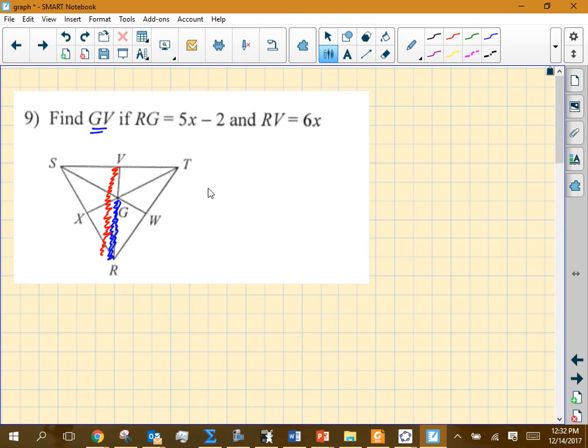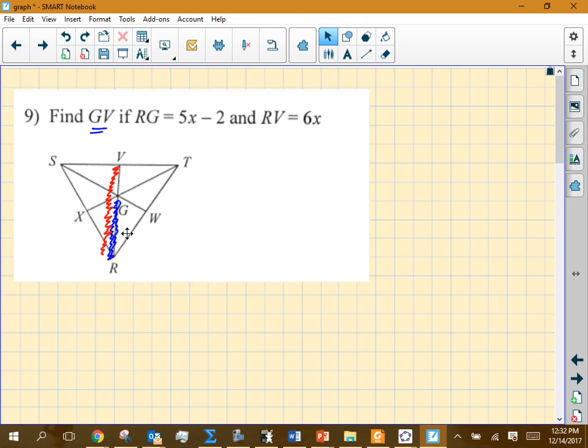Okay, so RG is the smaller segment, right? So what portion is RG going to be of the red one? What ratio are we looking at here? 2/3. So we're going to say RG is 2/3 of what?